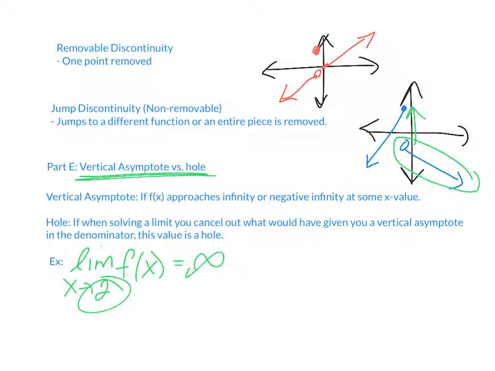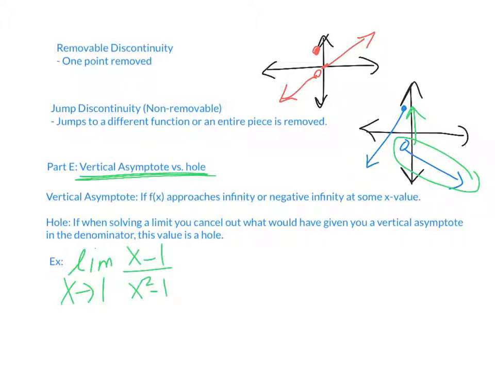So the way to distinguish if it's a hole or an asymptote is by using the actual function. So here's an example. If I have the limit as x approaches 1 of x minus 1 over x squared minus 1. Well, if I plug in 1, I'm going to get 0 over 0. It's indeterminate. So I'm going to factor this and change it up.